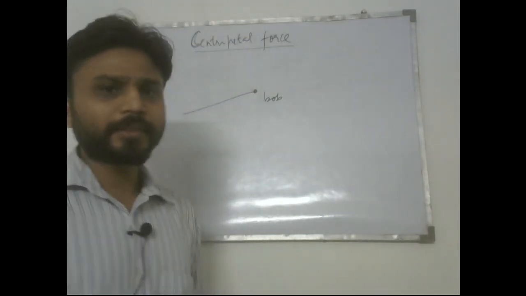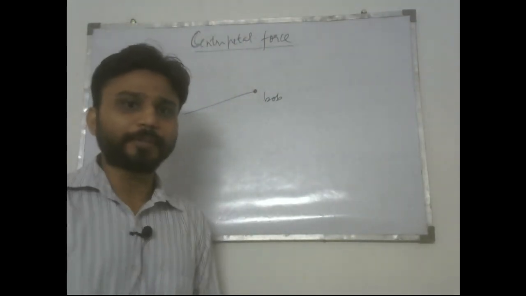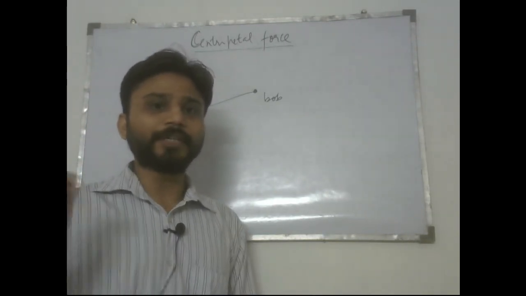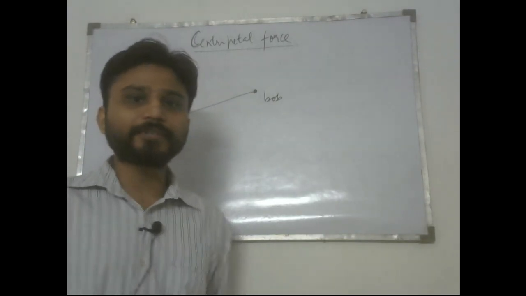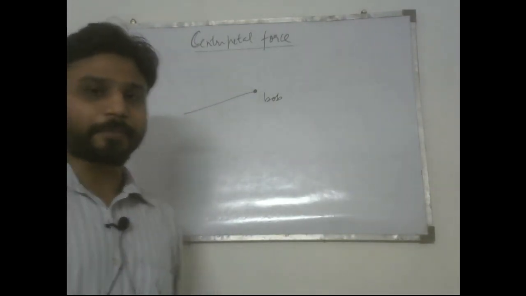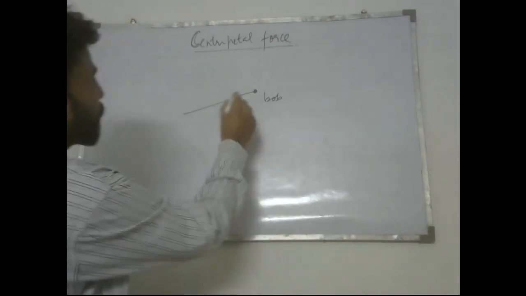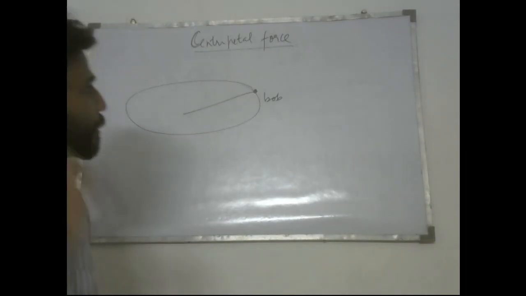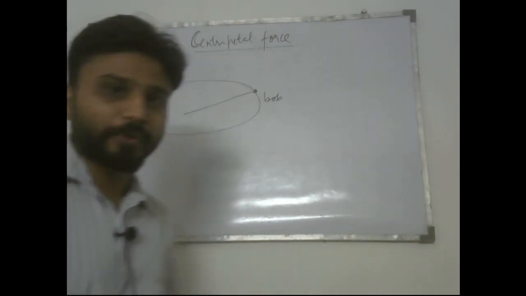This is a common situation where we connect a string to a bob or a ball and we whirl it in a circle. In this case we are not considering any gravitational forces acting on the particle, the gravity is absent, and it is being whirled in a circle like this. So the idea is, what are the forces acting on the bob?